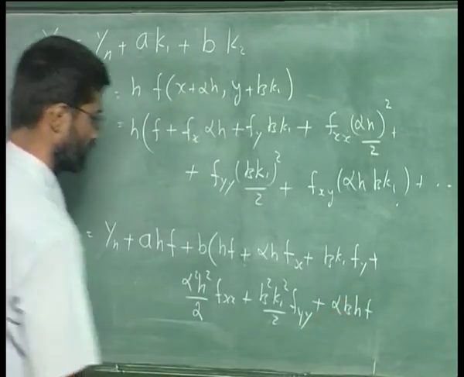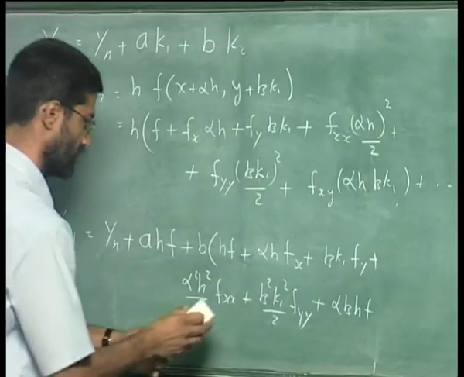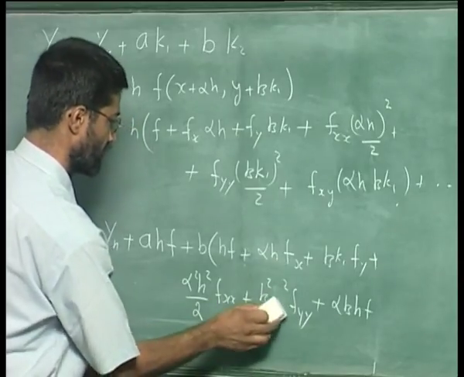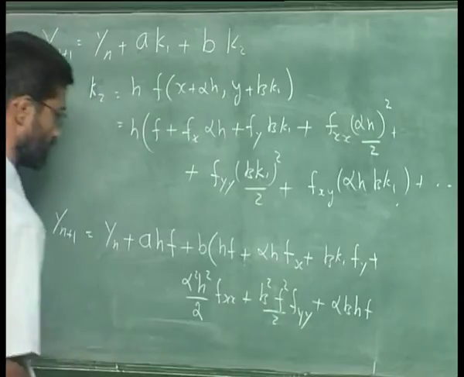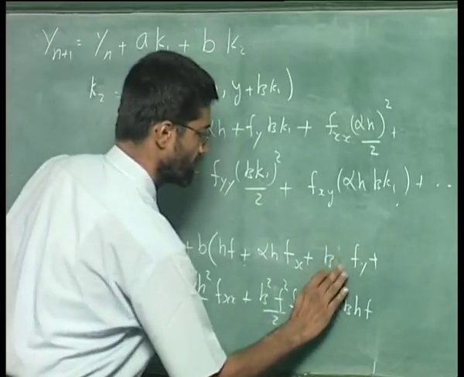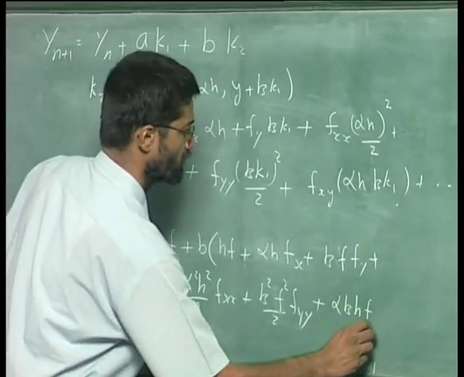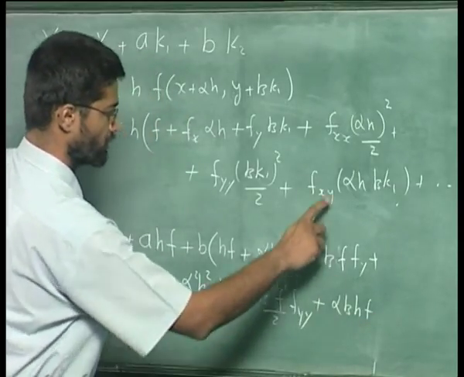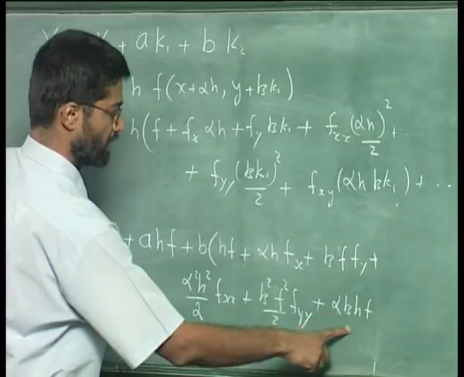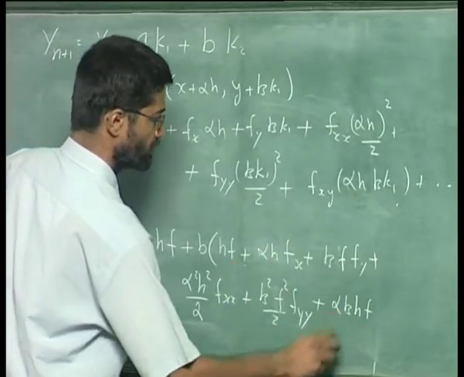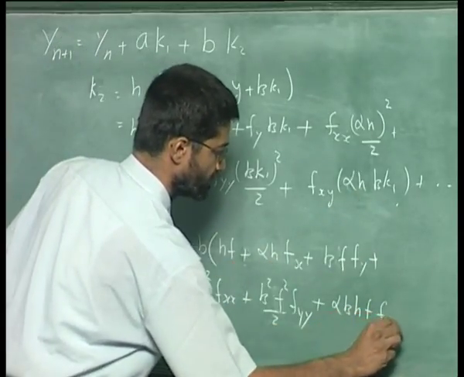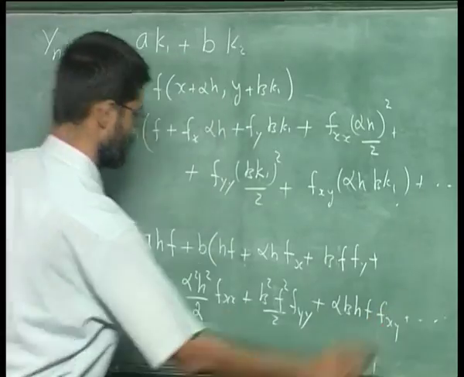Okay, so k1 is just f, so I can write that as f there. So this is f times fy, so beta h, and now this term, that is alpha beta h, k1 is f into fxy. So higher order terms.